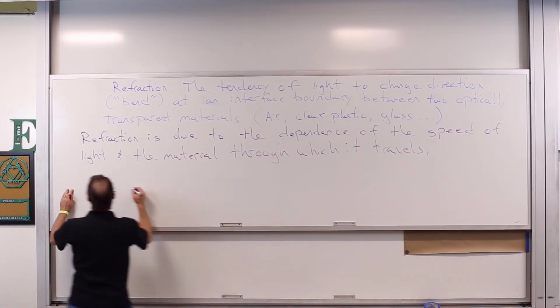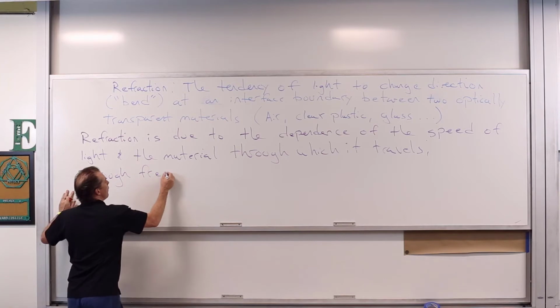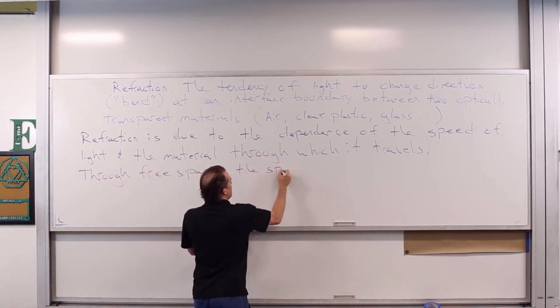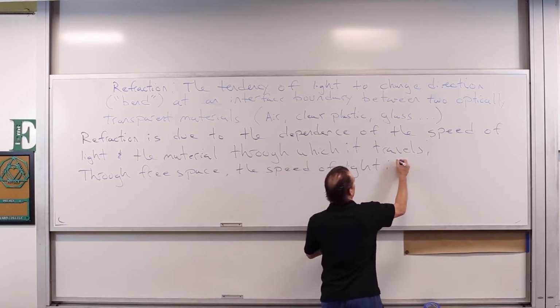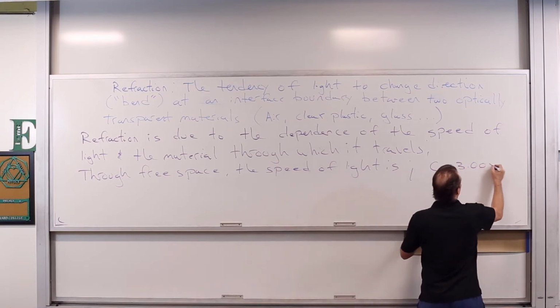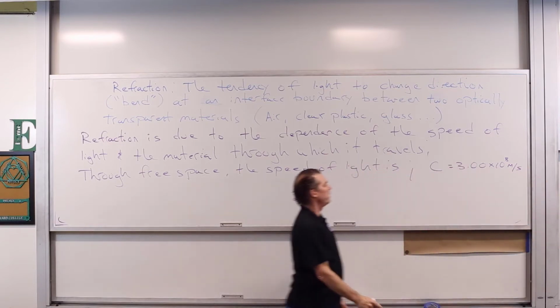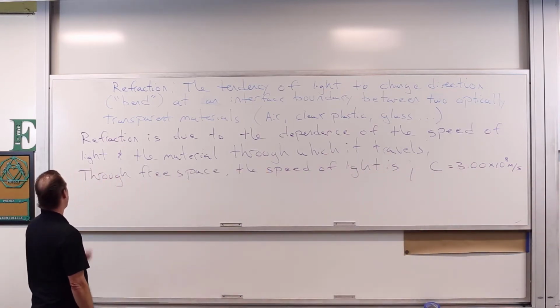Through free space, the speed of light is c equal to 3.00 times 10 to the 8th meters per second. 300 million meters per second. Pretty darn quick there.